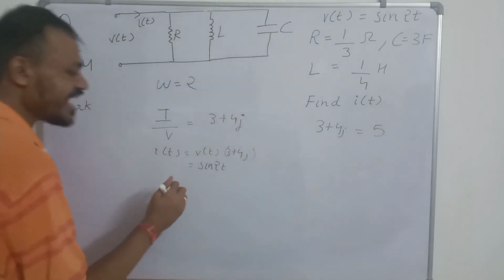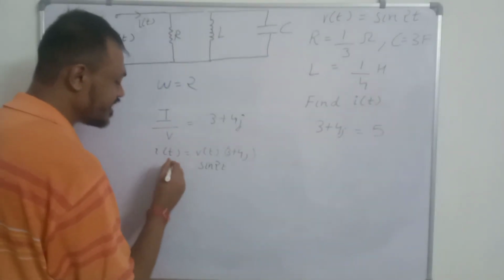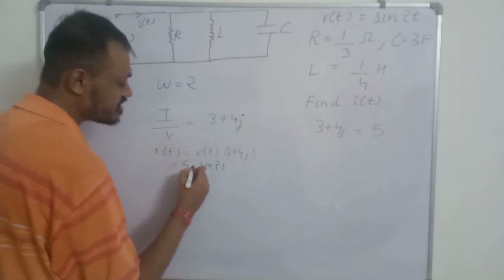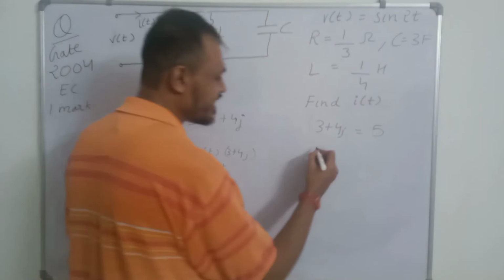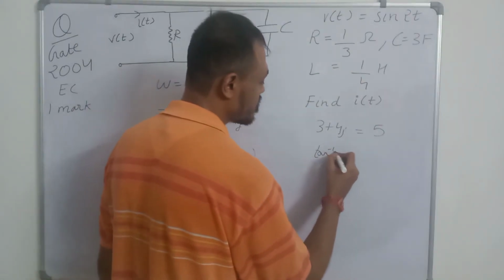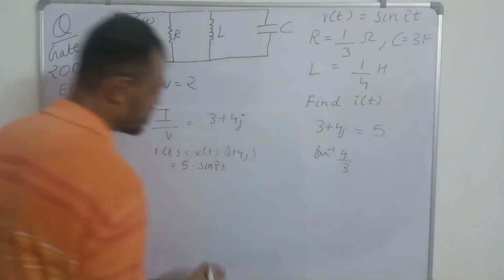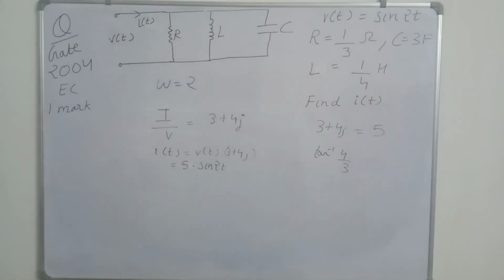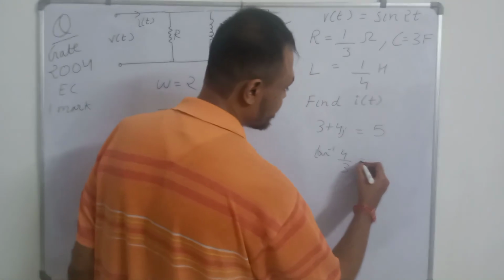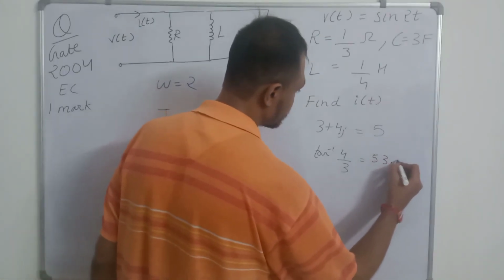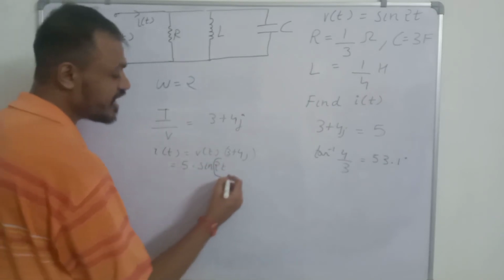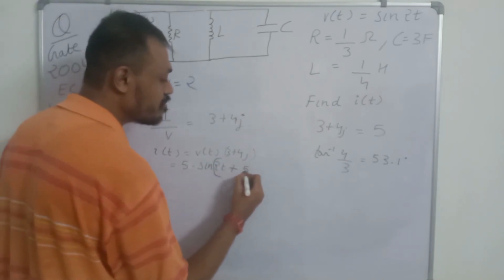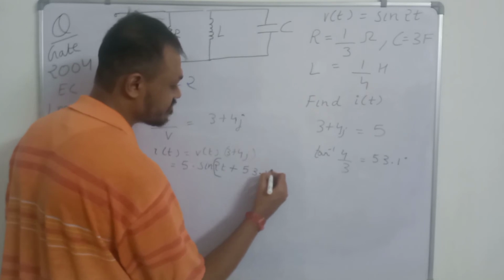So the magnitude will get multiplied here, and it will become 5 sine 2t. And if we find its angle, then its angle is given by tan inverse of 4 by 3, which is equal to 53.1 degrees. So you can add this angle, and it will become sine of 2t plus 53.1 degrees.